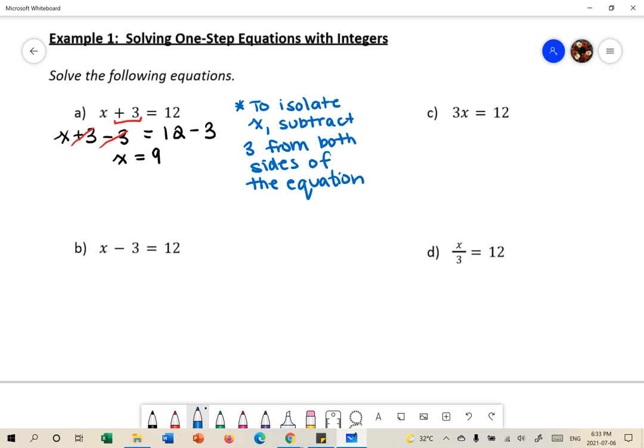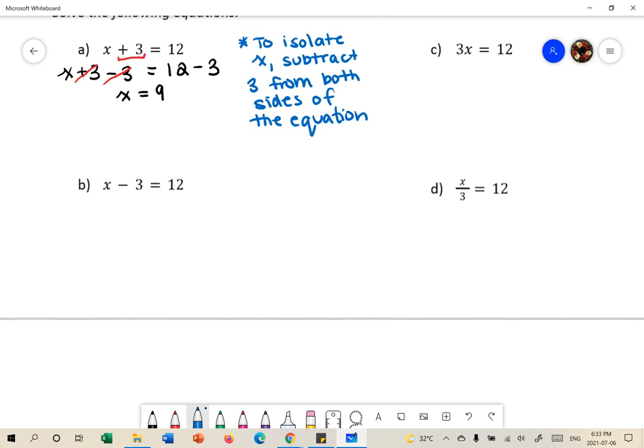Let's try b. x subtract 3 is equal to 12. My goal is to have x alone on either the left or the right side. I want x to be alone so that I can find its value. So again, this subtract 3 is in the way. We want to eliminate negative 3. So I'm going to insert its opposite, positive 3, into the equation so that I can eliminate this negative 3.